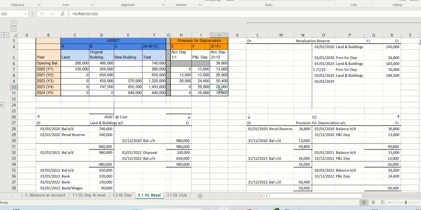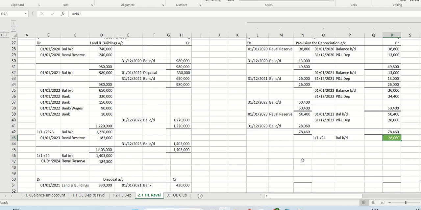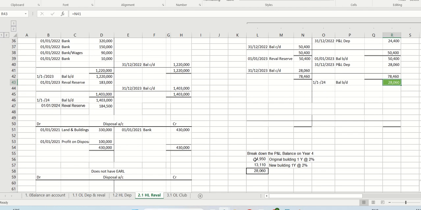That 28060 that we have here and the 28060 that we have here is made up of the original building and the new building. Okay, so it's 1 year for the original building, which is sold, and 1 year for the new building, which is revalued.